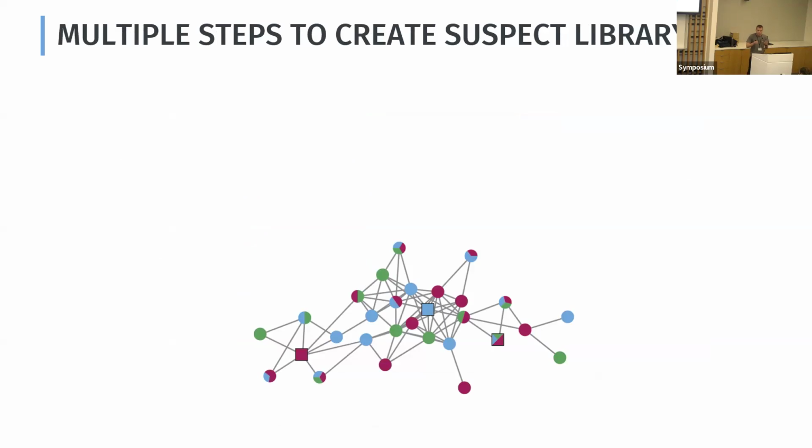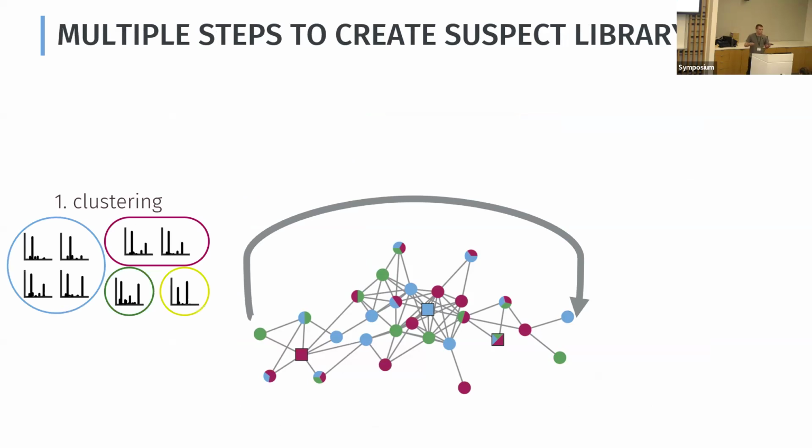Now, I want to take a brief step back and think a little bit about all of the computational steps that went into the creation of the suspect library. So we have this massive global molecular network, 13 million edges, but how did we get there? Well, there's a few different steps that we need to go through. First one is that we do clustering to combine different spectra that correspond to the same compound and reduce data redundancy.